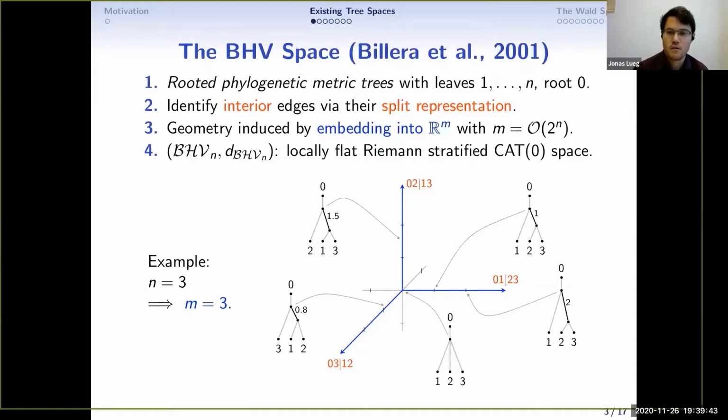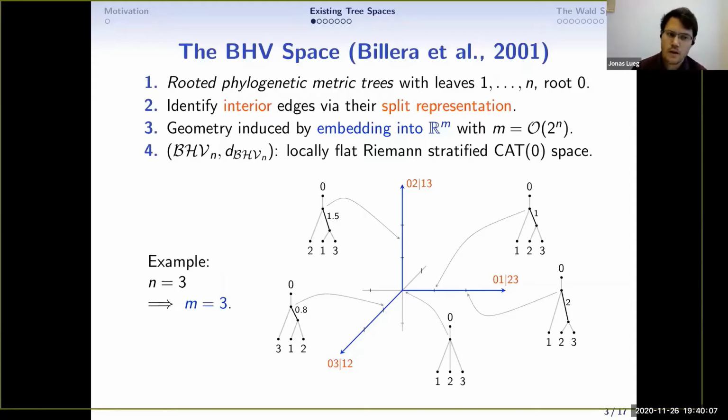And CAT(0) space just means it's globally of non-positive curvature, which is a very nice property and has some strong implications. For example, that between each 2 points in the space, so in this case, between each 2 trees in the space, you have a unique geodesic connecting them. And that's very useful when you want to do statistical analysis, as you can take, for example, midpoints between 2 points.